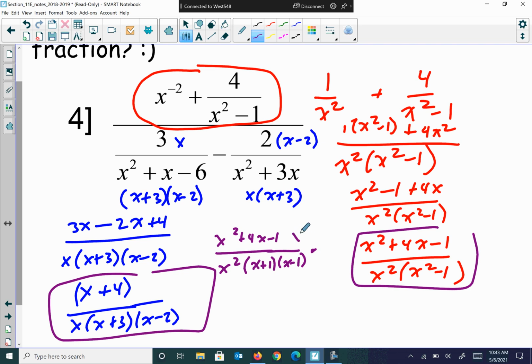Okay, this is not nice. Change colors, come on. x plus 3, x minus 2 over x plus 4. Are you kidding me? The only thing that cancels out is this x and that.